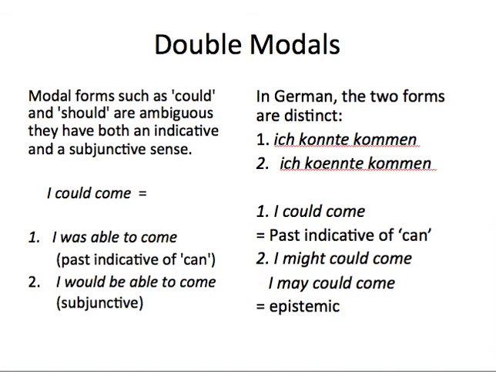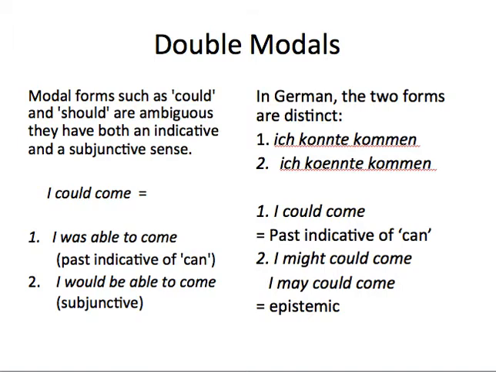Just to make a distinction here between tense and modality. And this is something that's captured by the use of double modals. You may be familiar with the use of double modals in dialects like Appalachian English, which probably derived from Scottish English, where double modals are quite common.